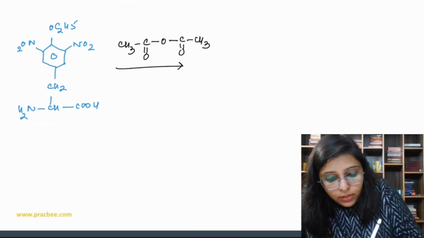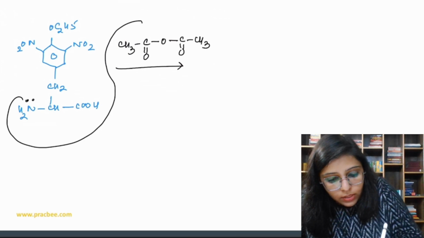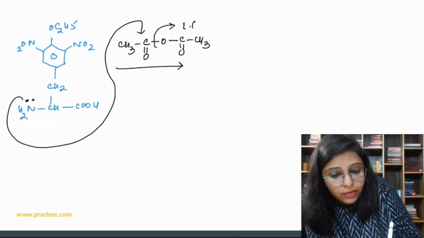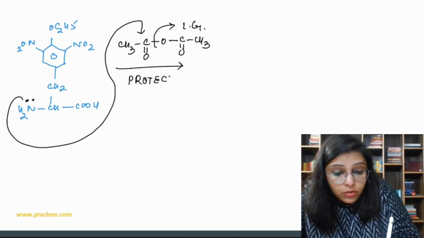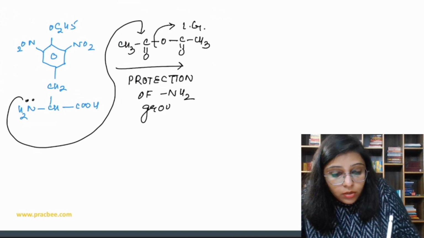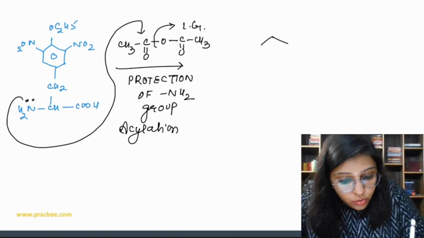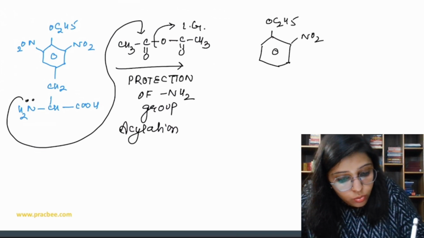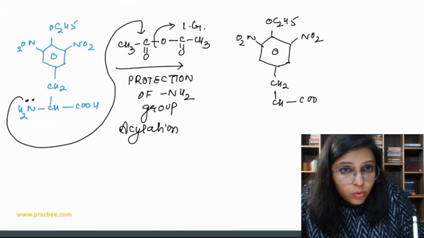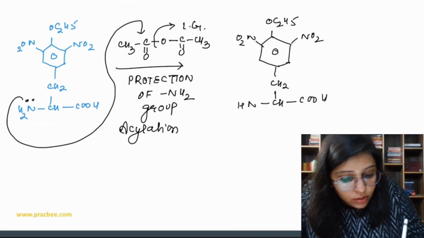So here this NH2 can attack on this carbonyl carbon and this leaves, because this is the leaving group, and this reaction is known as protection of amino group, or we can say acylation of amino group. So by doing so, what do we get? We get OC2H5, NO2, NO2, then CH2, CH, COOH, and here we write NH, C double bond O, CH3.